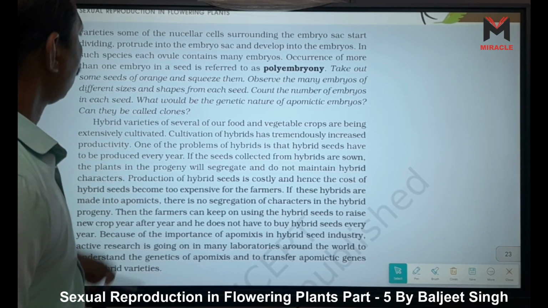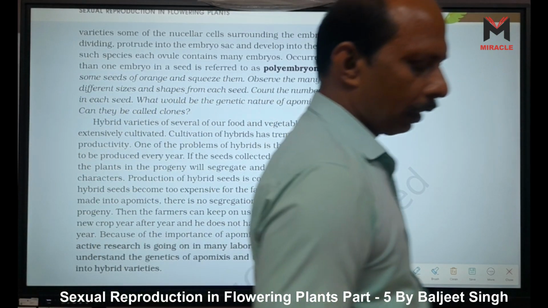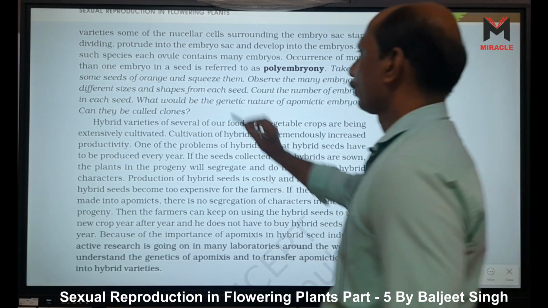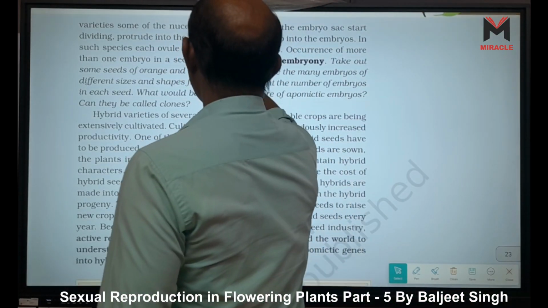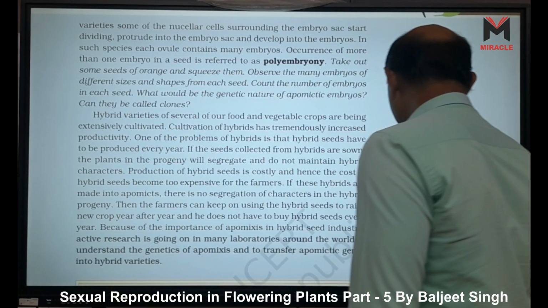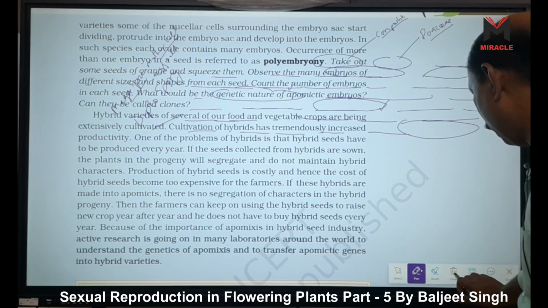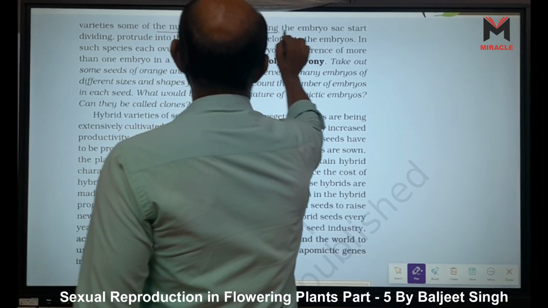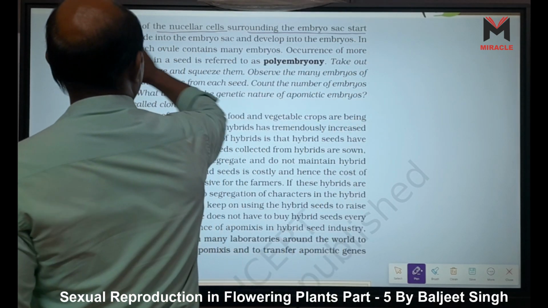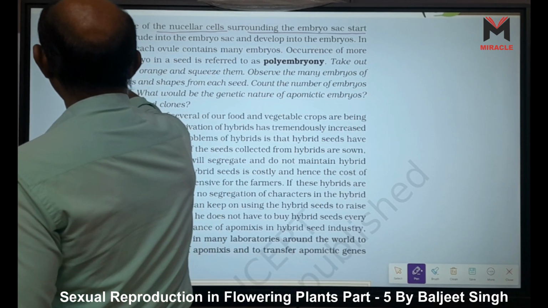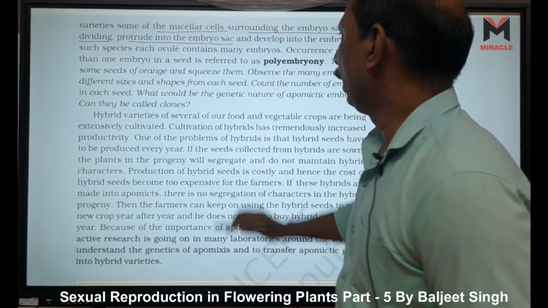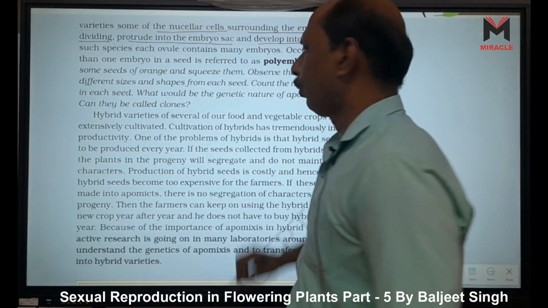Some of the nucellar cells surrounding the embryo sac start dividing, protrude into the embryo sac, they are pushed into the embryo sac, right, and develop into embryos.